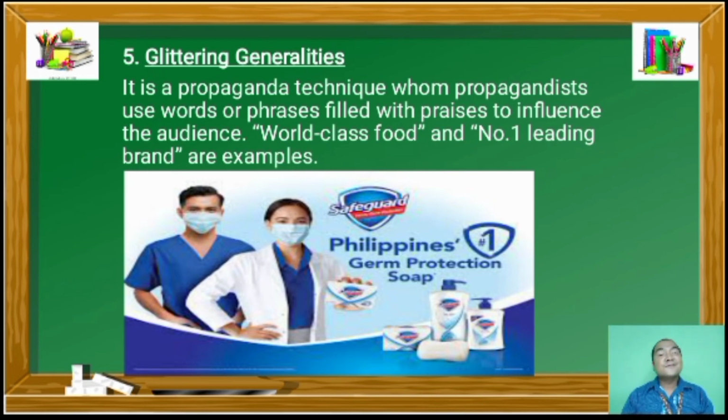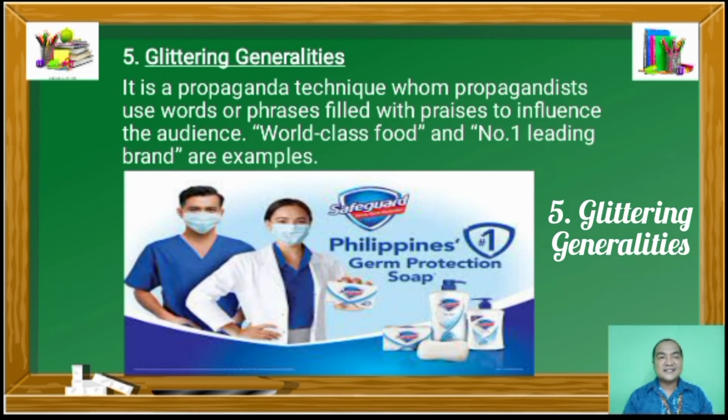Now, we already discussed the 5 propaganda techniques, which are number 1, bandwagon, number 2, testimonial, number 3, transfer, number 4, card stacking, and number 5, we have glittering generalities.